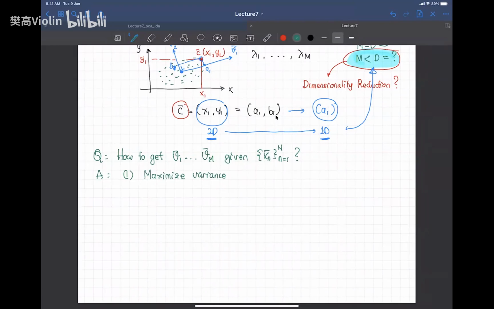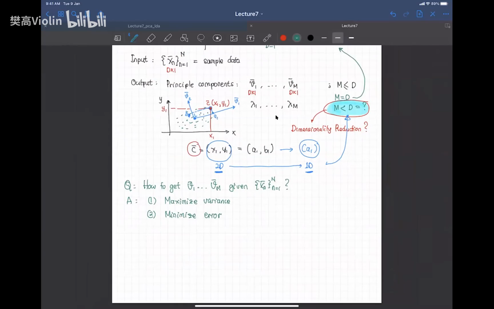I will explain this soon. The second way is to minimize errors. So let's look at the first one first: maximizing the variance.